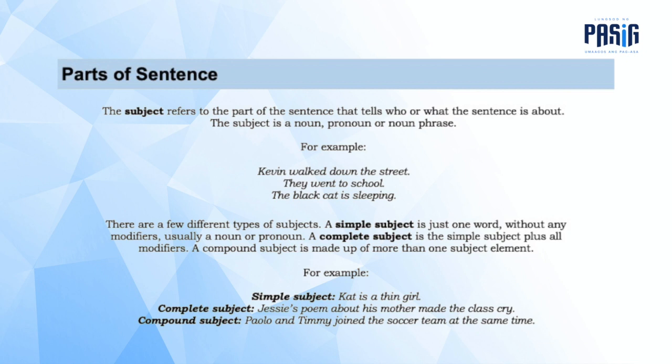For example, simple subject, Kath is a thin girl. Complete subject, Jess's poem about his mother made the class cry. And compound subject, Paolo and Timmy joined the soccer team at the same time.